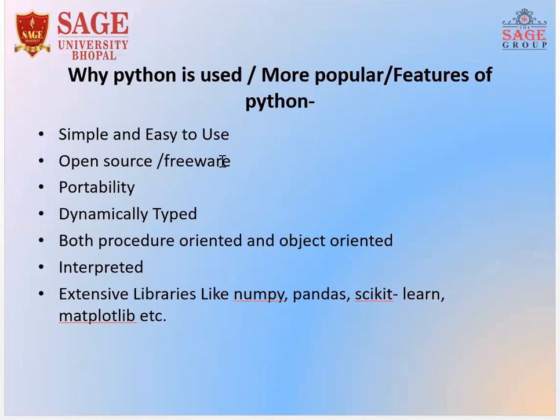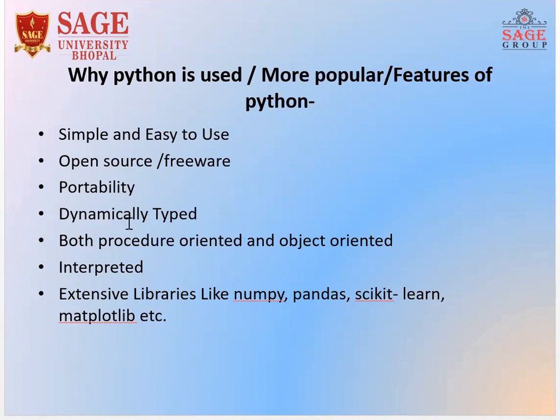Its source code is open, so we can customize the code as required. For example, JPython is a customized version of Python to work with Java applications. Now we come to the next feature, portability. Once we write a Python program, we can run it on any platform without rewriting code.